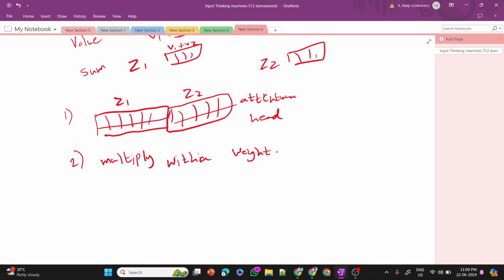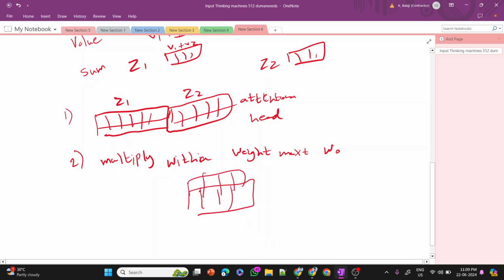Finally, this z is multiplied with a new weight W0. After that, we get a final output of z, which is given to the feed forward network. The feed forward network will gather the information about the words and store it as a weight.